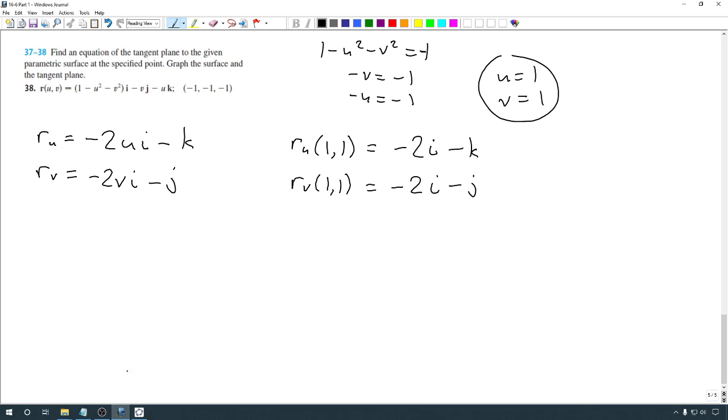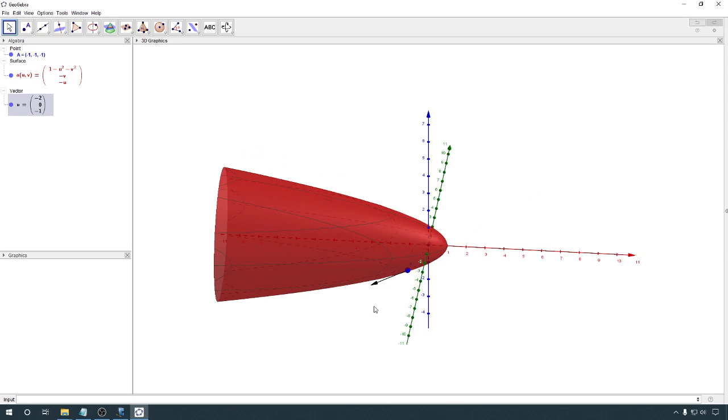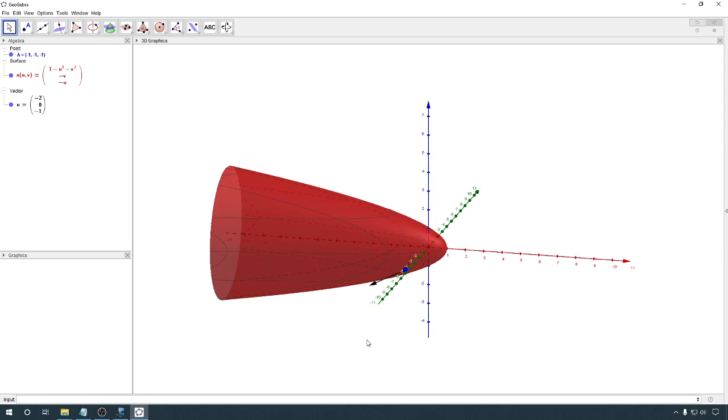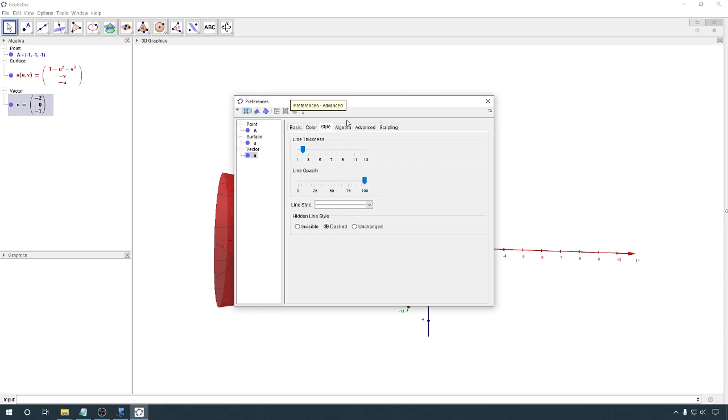Let's go ahead and plot these vectors, though. Remember, they start at the point A. We're going to have a vector that starts at A and is modified by the vector negative 2, 0, negative 1, because that's negative 2i minus k. So that vector is coming off there. Let me make that a little bit thicker so we can see it better.